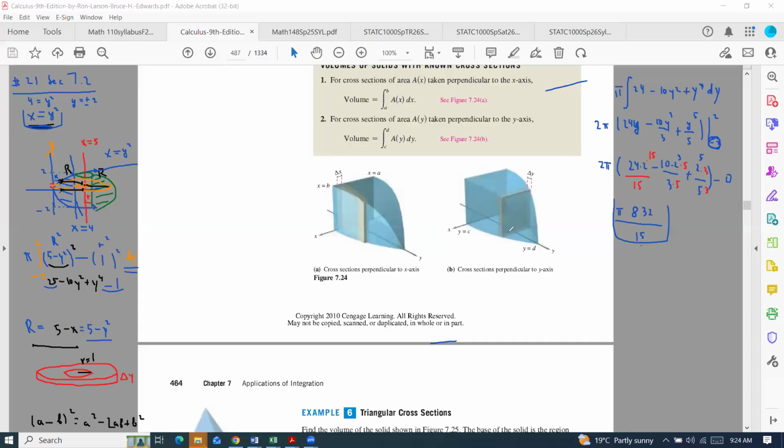Now we don't have disks. When we slice, we have a square or a rectangle or some other things. So what you need to use is an analogous procedure. So thickness, if you slice along the y-axis, will be thickness with respect to y. I say that looks more like the x-axis to me.